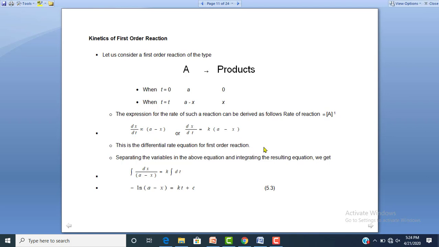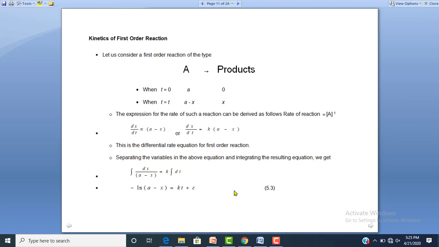So, we will integrate it by separating the variables, and when we apply integration rules to this equation, this is the sign of integration into dx over a minus x. This a minus x was on the right hand side of this equation. When we separated the variables, the equation became dx over (a minus x) is equal to k into the sign of integration into dt.